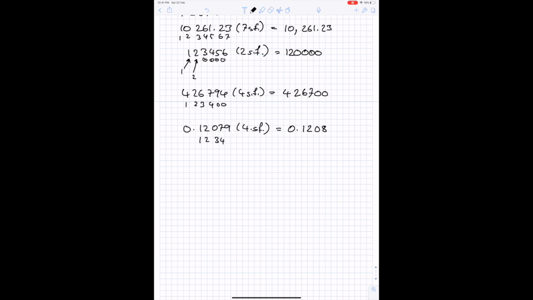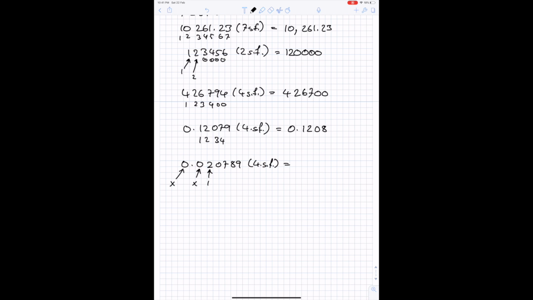Let's go to the next one, 0.020789 to four significant figures. Again, the 0 is not your first one, and this would be your first significant value.